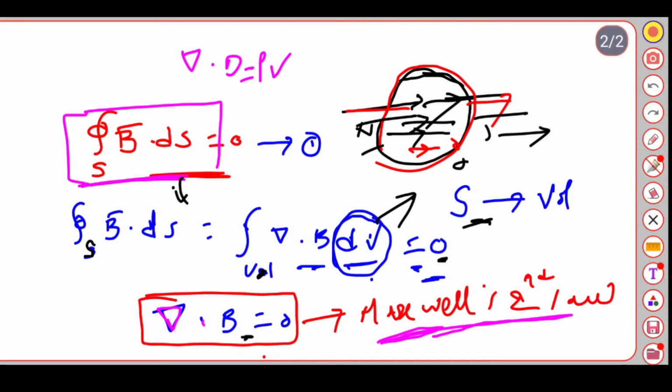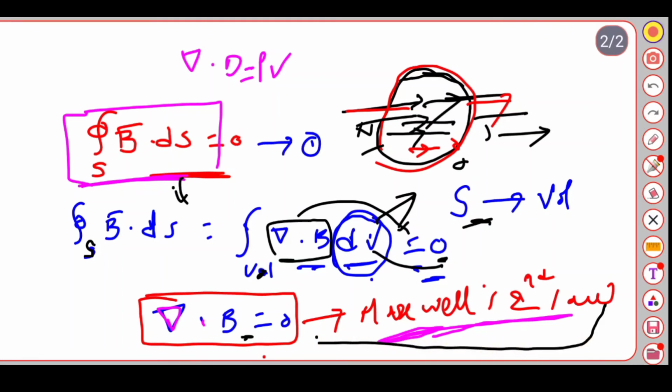Equating this, since dv is not 0, only del dot B becomes 0. The divergence of magnetic flux density is always 0, that is Maxwell's second law. This is also called Gauss law in differential form. This is Maxwell's second law.